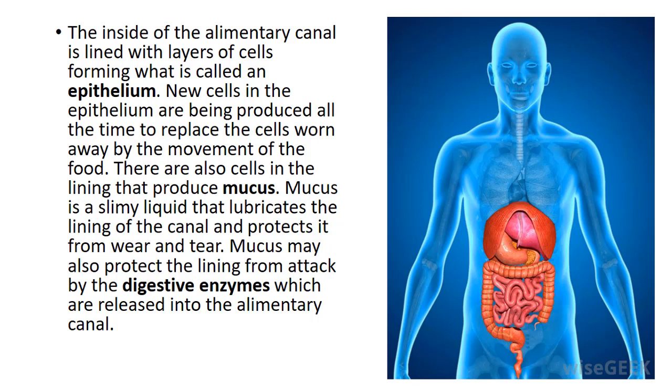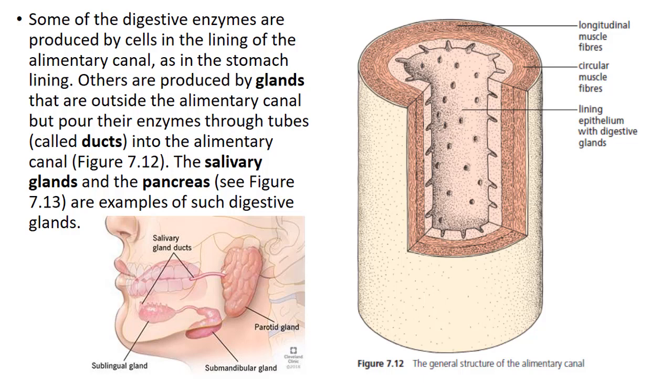Mucus may also protect the lining from attack by the digestive enzymes, as I said before, which are released into the alimentary canal. Some of the digestive enzymes are produced by cells in the lining of the alimentary canal.